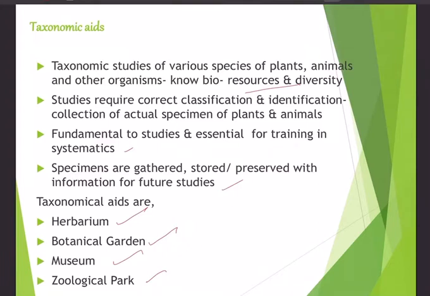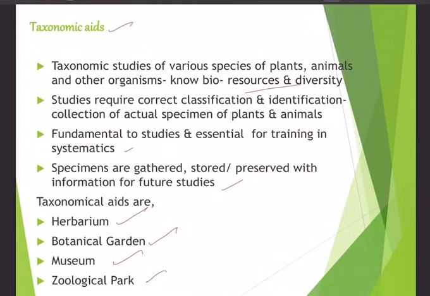As we have been discussing chapter number 1, the living world, we have been analyzing and dealing with various taxonomic aids. In our previous classes, we were talking about the hierarchy of taxonomy. We call it taxonomical hierarchy.